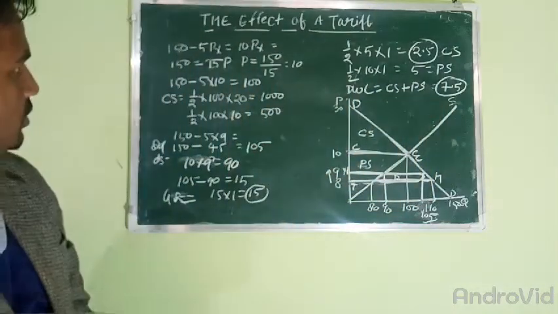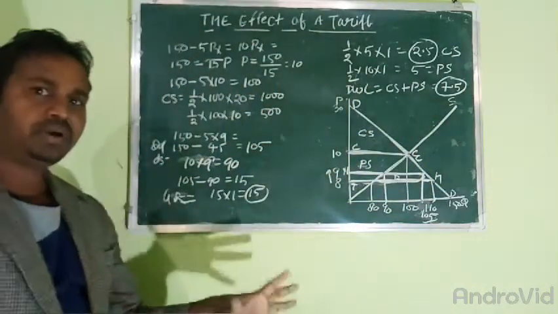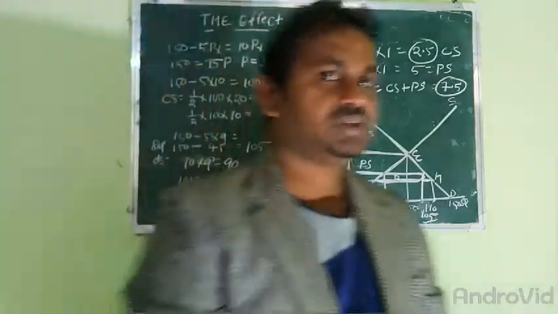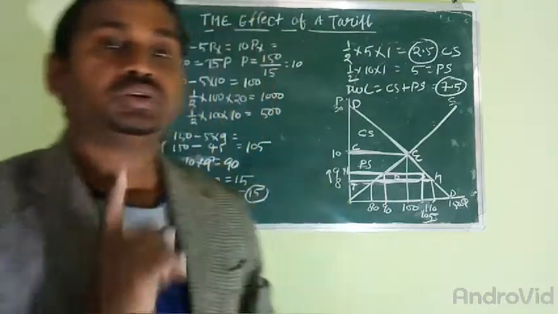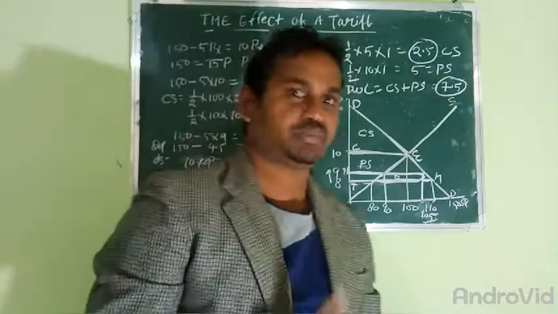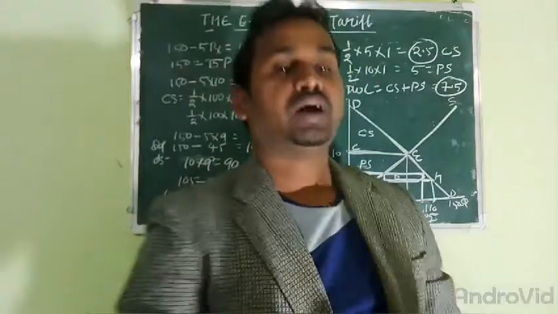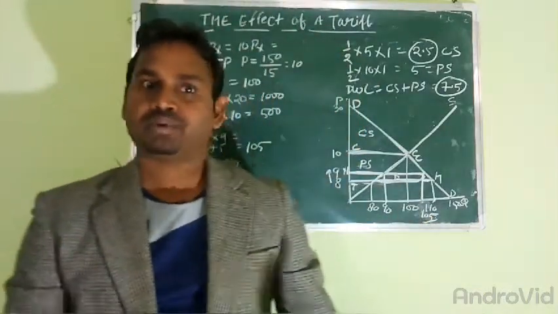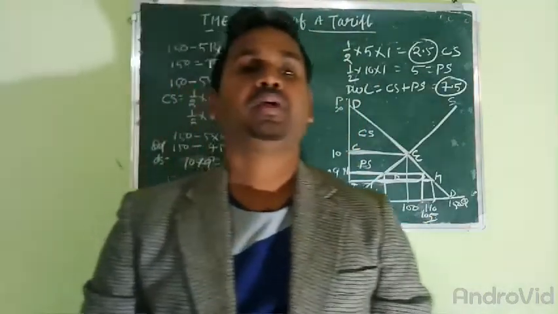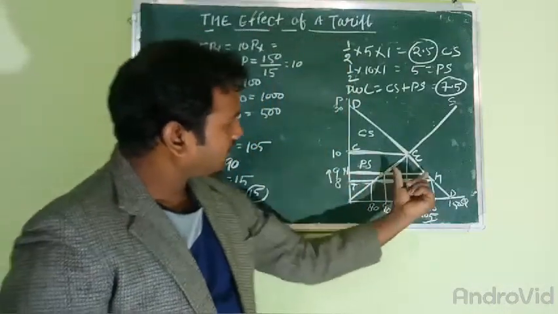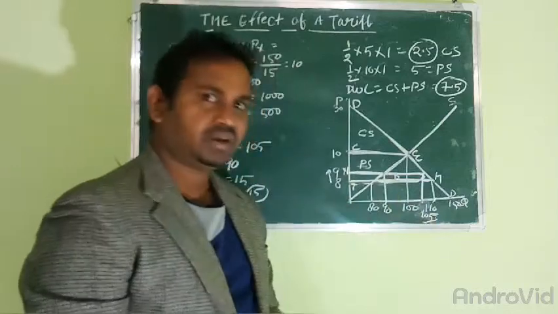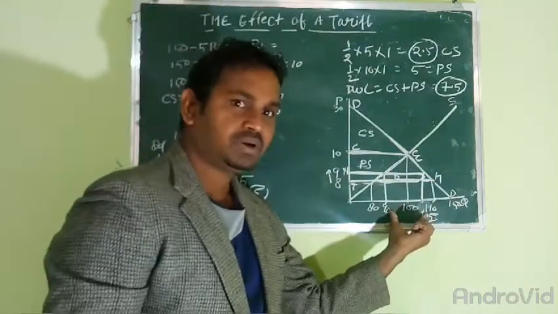So my dear students, if you have a given demand function and supply function, first you need to draw the demand and supply functions. After that you need to find the consumer surplus and producer surplus before trade, and then the consumer surplus and producer surplus after the government imposed tax. Then find quantity demanded and quantity supplied and find the difference, the gap.